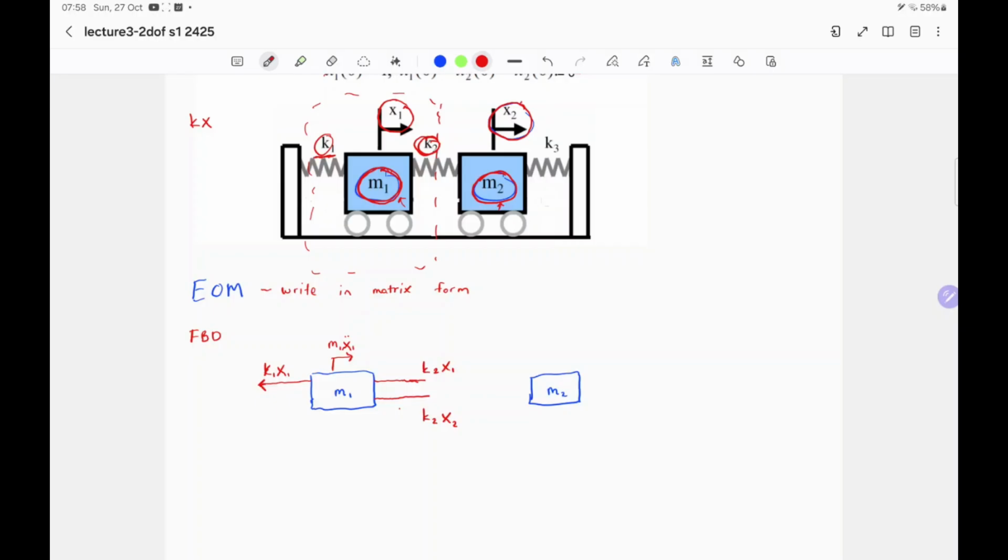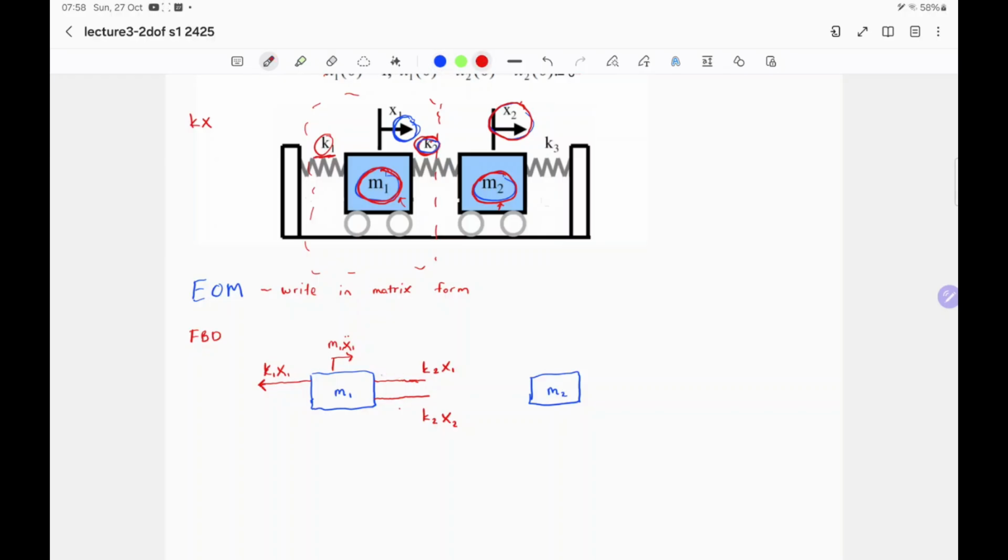So how about K2 x1? Since x1 is moving to the right hand side, this K2 x1 will try to resist the movement of mass 1 to the right. So K2 x1 will move to the left hand side.